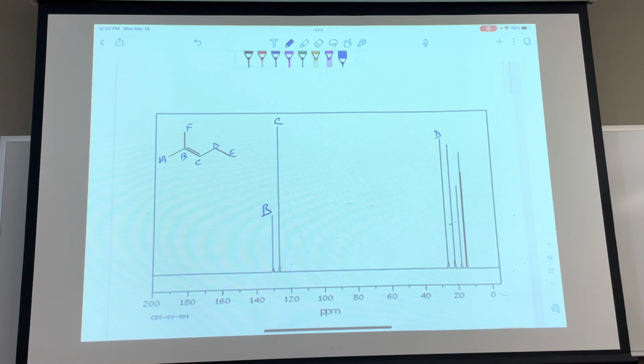So the next two are going to have to be A and F. Which one is which? Well, your guess is as good as mine. I don't know. But the most upfield would be letter E.